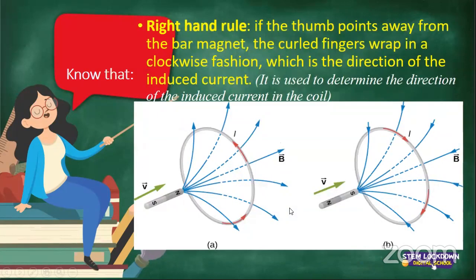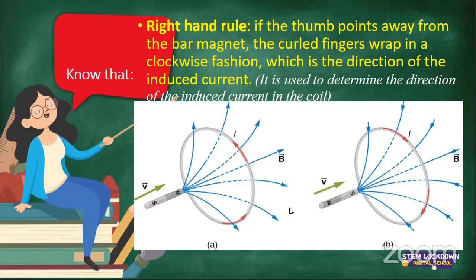Right. Let's try to apply the right-hand rule to determine the direction of the induced EMF in the coil. Now, if the thumb points away from the bar of the magnet, that is the bar magnet, then the curled fingers wrapped in clockwise fashion show the direction of the induced current.